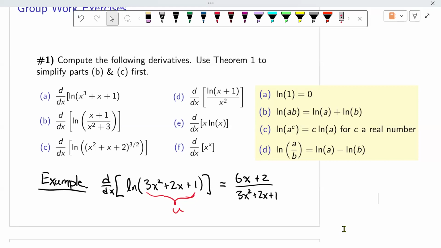That's all there is to it, unfortunately. Yeah, this one you have to use the quotient rule on. Just start by doing the quotient rule and then you'll see what happens.